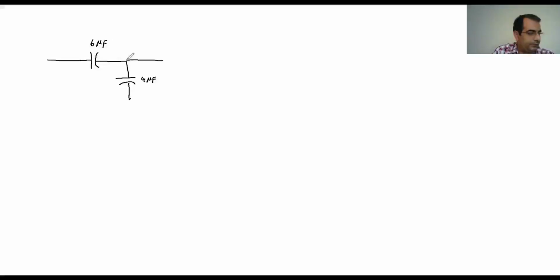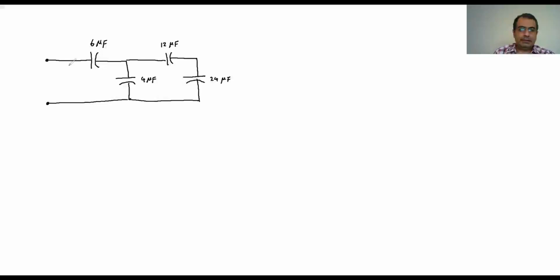And then we have 12 microfarad here. And then we have 24 microfarad. So assume we have a circuit like that, for example connected between these 2 points, and we want to find the equivalent capacitance of that.